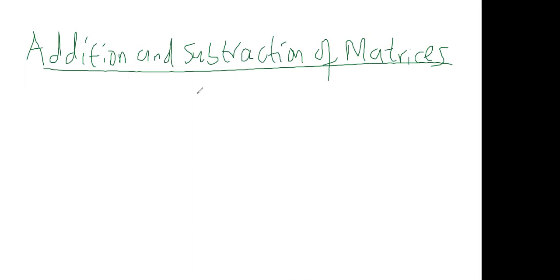The first thing, as per the objectives, is you should be able to know the compatibility of the addition or the subtraction. How do you know that matrices can be added or subtracted?